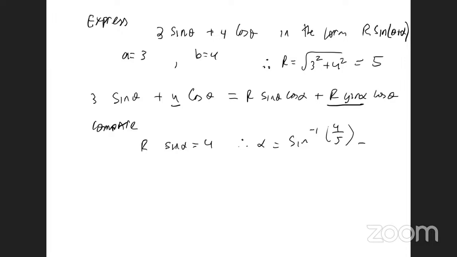I forgot to say that alpha is in radians. Sine inverse 4 on 5 is how much? 0.927.